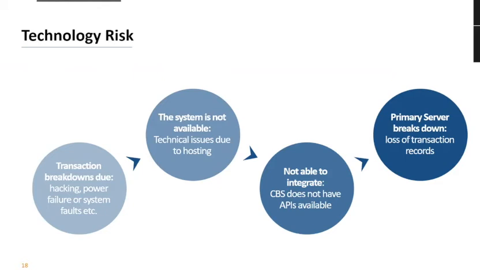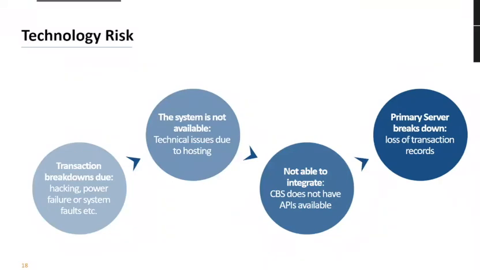Then we select the technology, but we are not able to integrate with someone else. For example, if we select a core banking system that does not have an open API to connect to other systems. And then, for example, the primary service breaks down, with loss of transaction records. All these are technology risks that have to be assessed.